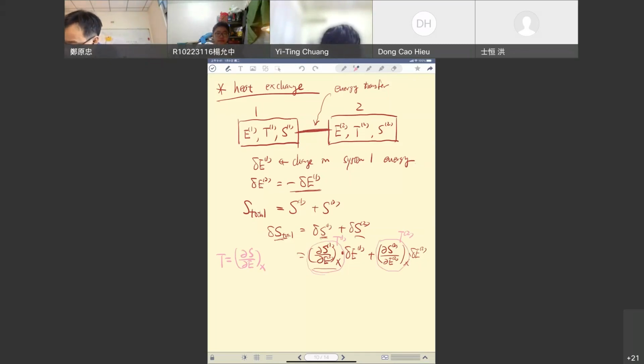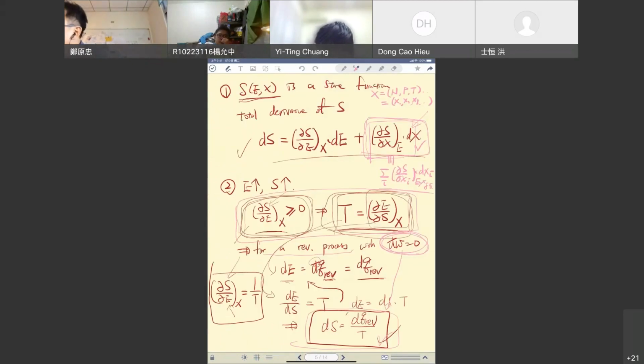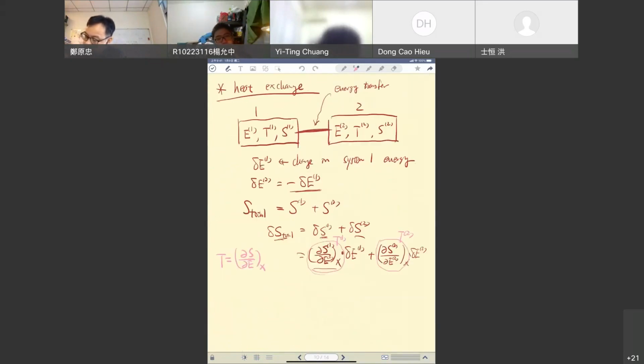I must be careful here. Partial E, partial S is temperature. So we go back here. This is the inverse temperature of system 1. This is the inverse temperature of system 2. Sorry about that.